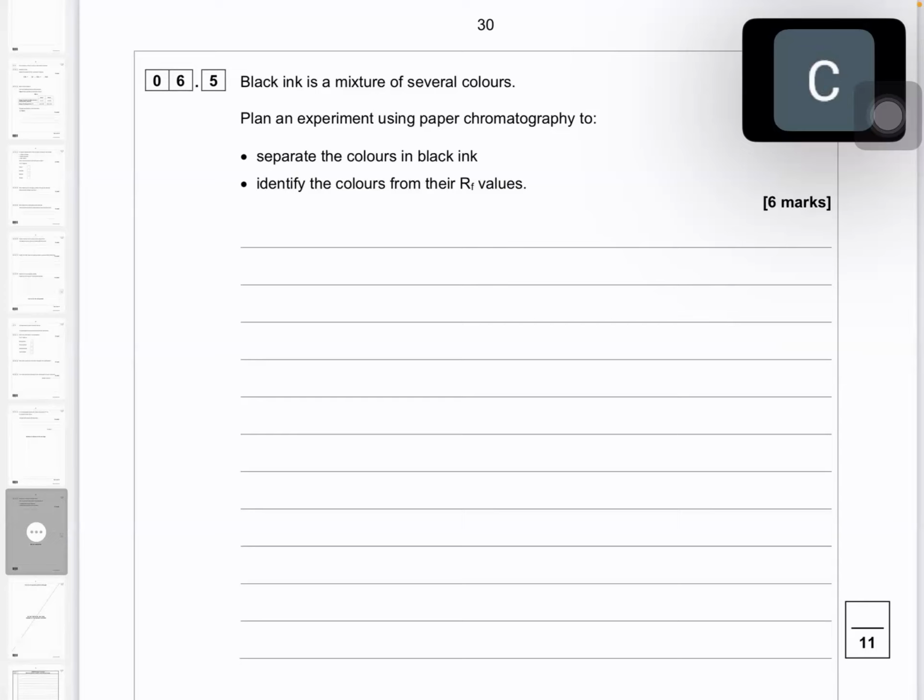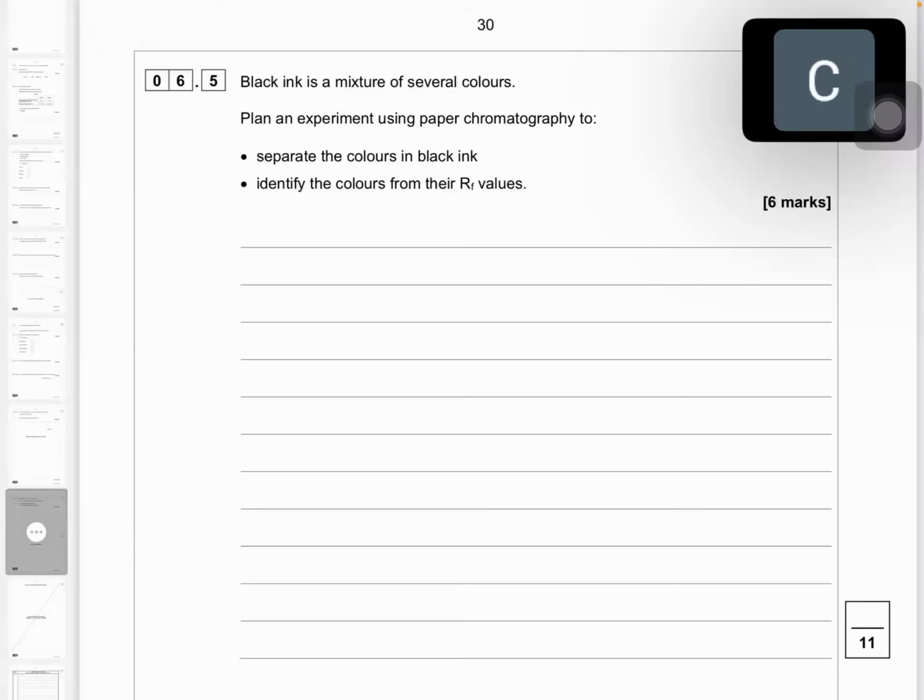I would leave that one for you to go through. Does it give details there? Yeah, it says near the bottom, draw a pencil line near the bottom edge of paper.